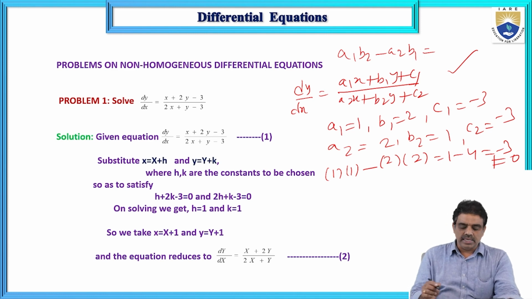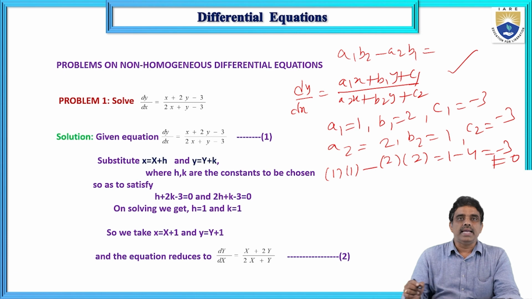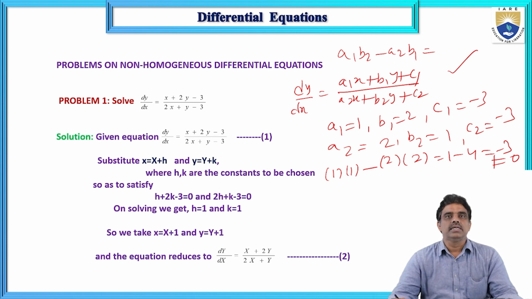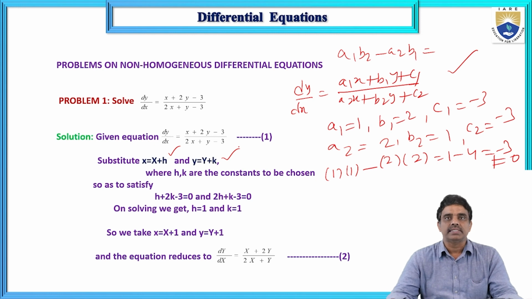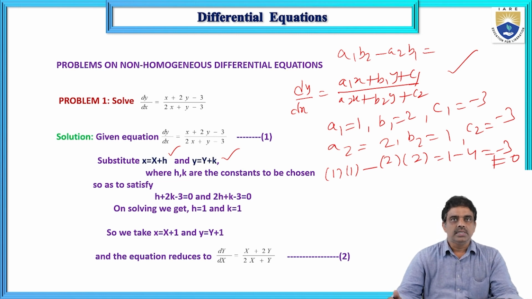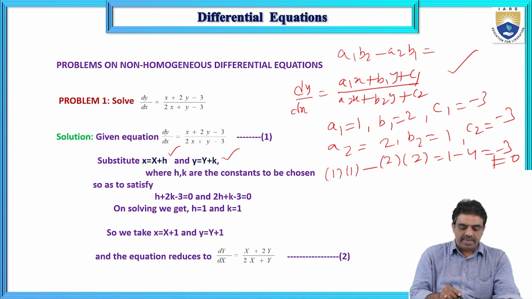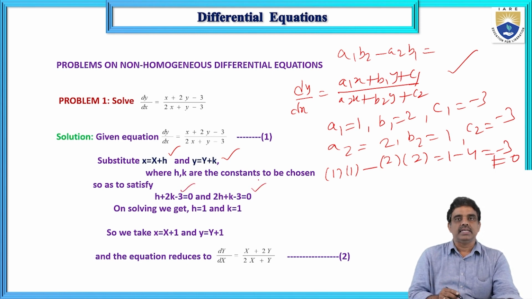So to solve this equation in this method, we take the substitution x is equal to X plus h and y is equal to Y plus k, where h and k are the constants to be chosen so as to satisfy the equations h plus 2k minus 3 is equal to 0, 2h plus k minus 3 is equal to 0.